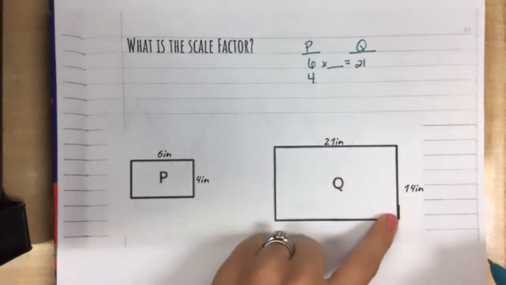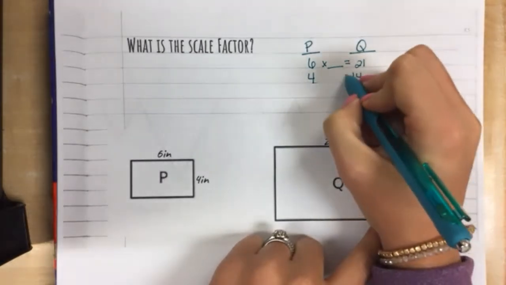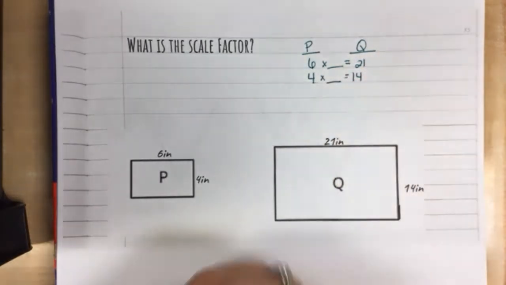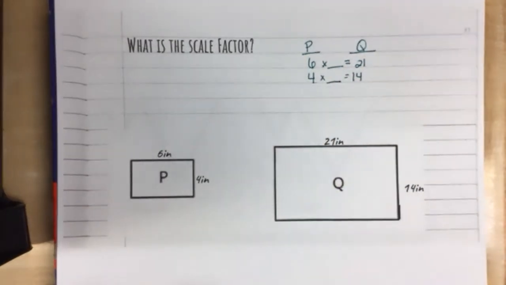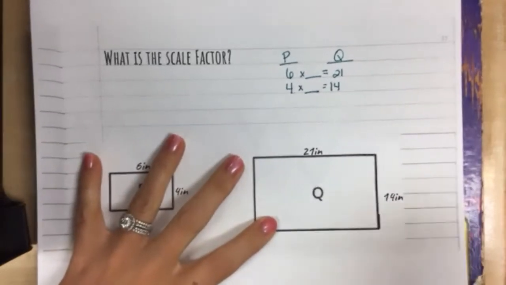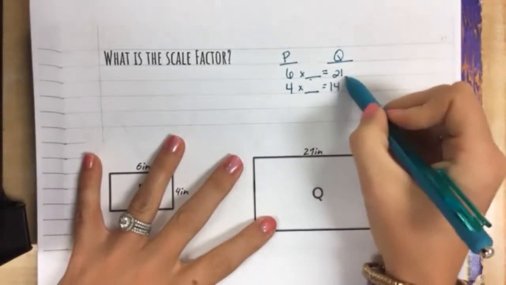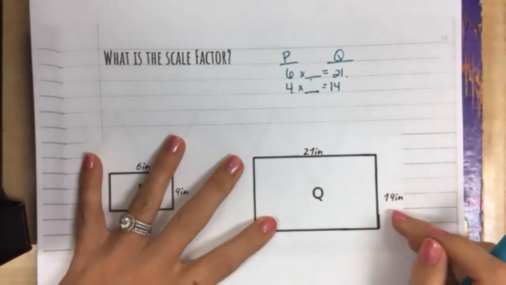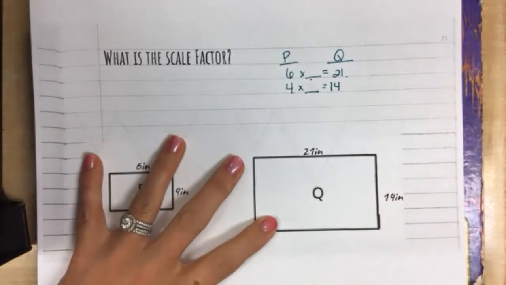Corresponding vertical side is 14. 4 times something is equal to 14. All right? So 6 times something equals 21. I don't know what that is as a whole number. There's not a factor of 6, or a multiple of 6, that equals 21.